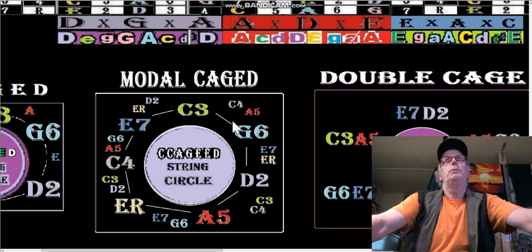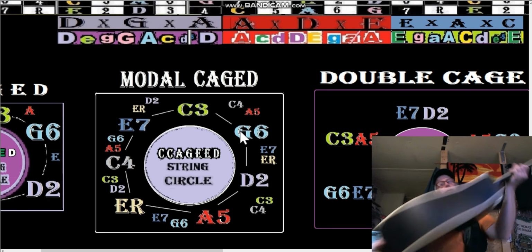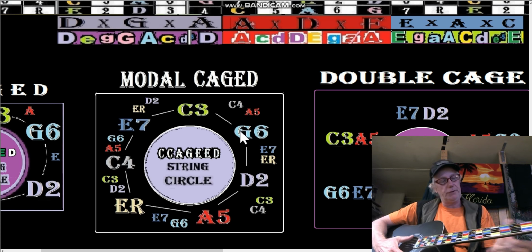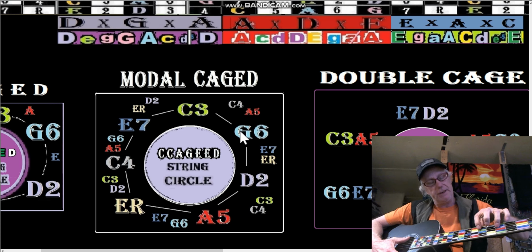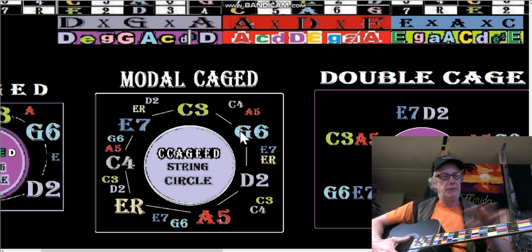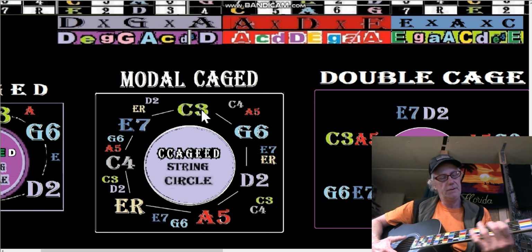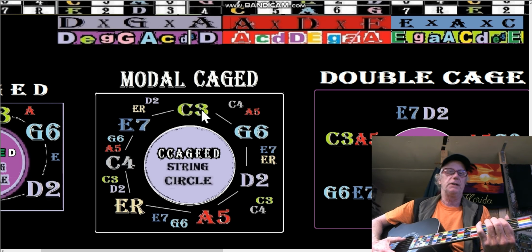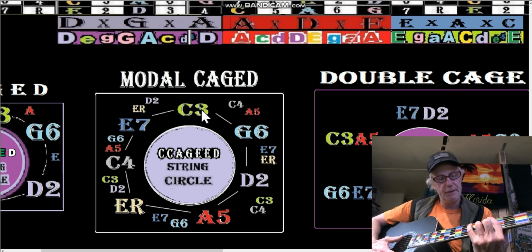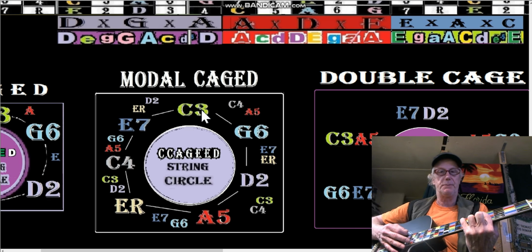But when we're going from one string to the next, everyone who knows guitar knows that what you can do from one string to the next string up, you can do from one string over here on the same string. So you could just continue the count. If we had C3 here, the C string shape is just 3, 4, 5 because it's the bottom string in the old cage system.